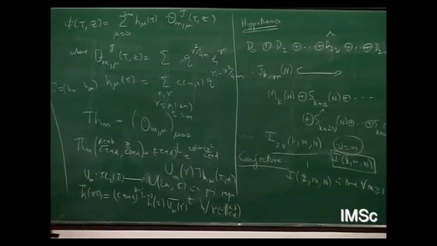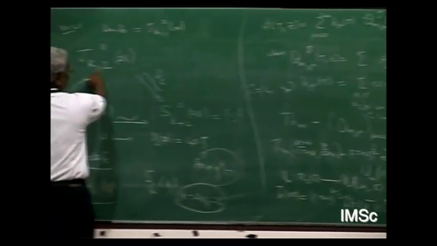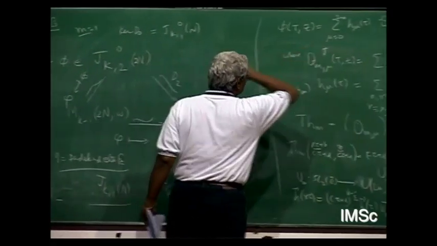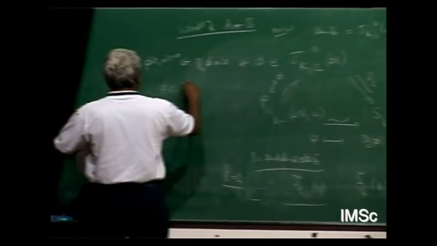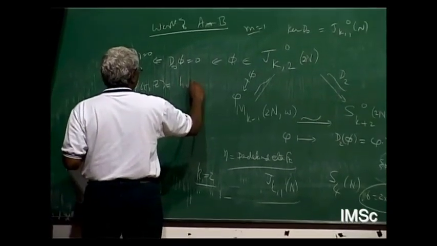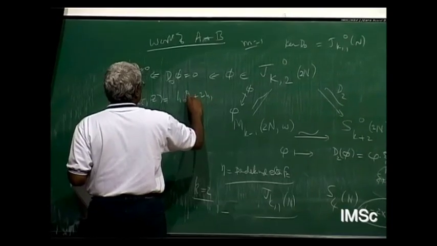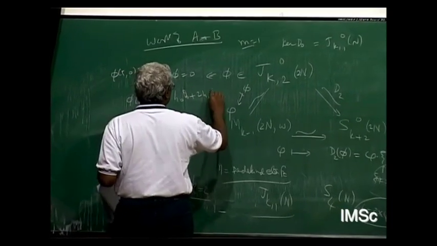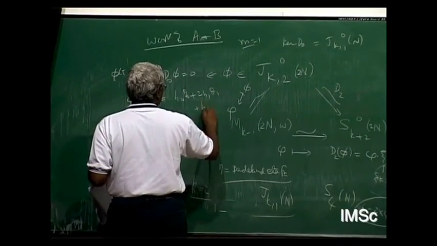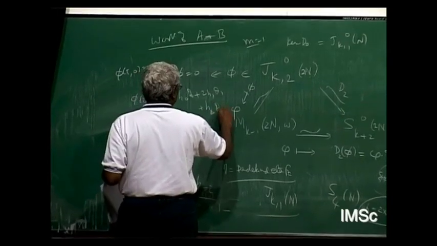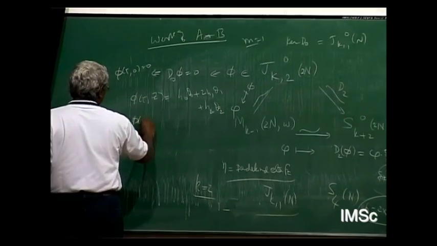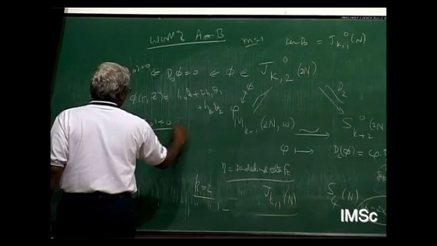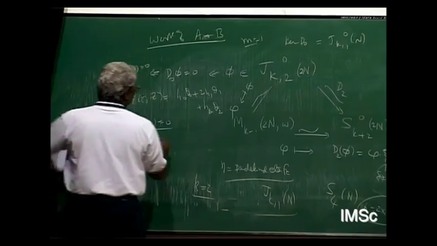Okay, so now you use this for any phi. I have the theta decomposition. So we have phi equal to h_0 theta_0 plus h_1 theta_1 plus h_2 theta_2. When I have the D_0 acting on this, phi(tau, 0) equal to 0 gives rise to two functions.